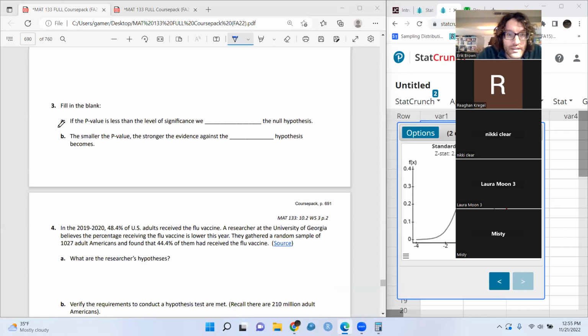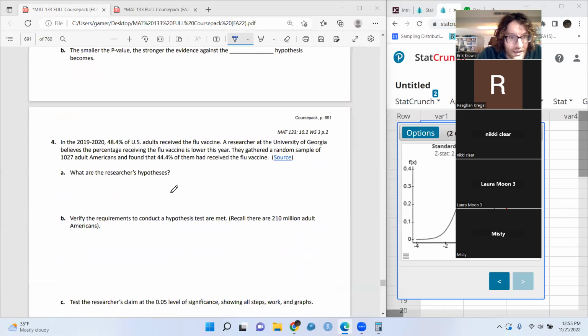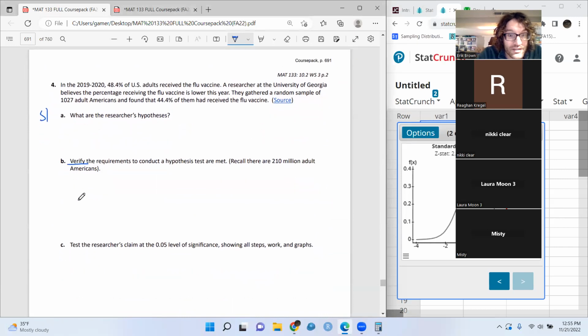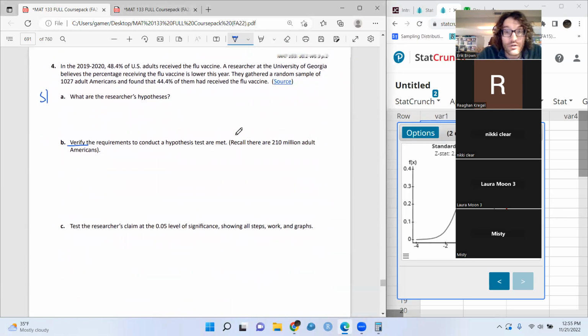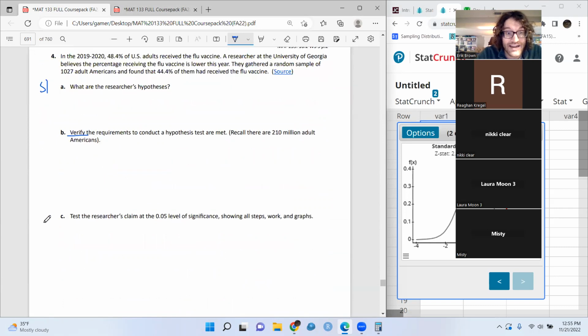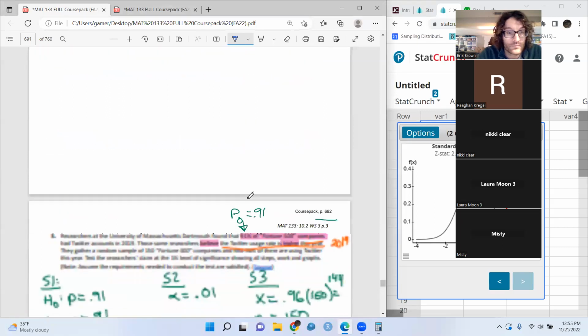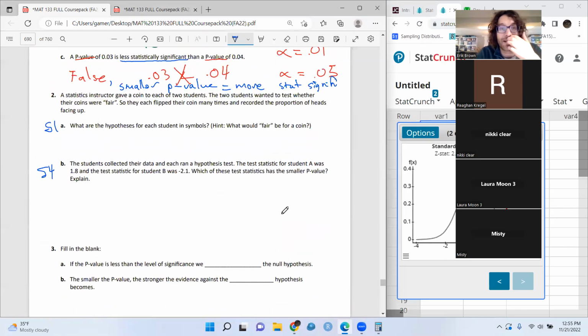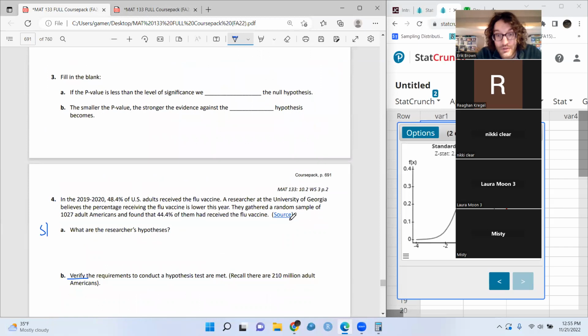Okay, this is more language stuff. Let's see. Here, look, step 1 again. Here's the verifier of the requirements. And okay, so number 4 is a hypothesis test from start to finish. Essentially, we've just added in steps 2 through 6 with a verifier. I'm going to let you all finish those, since we don't have time.